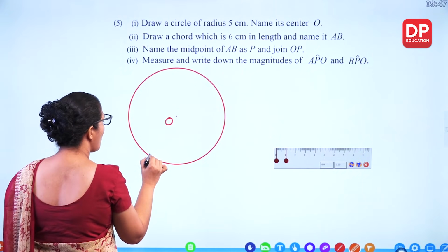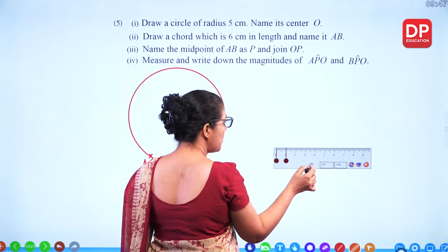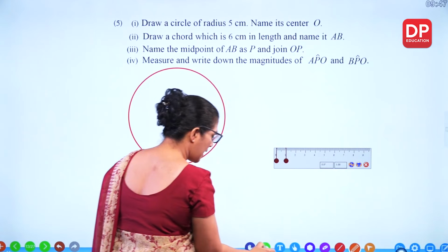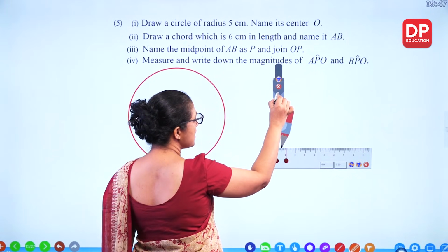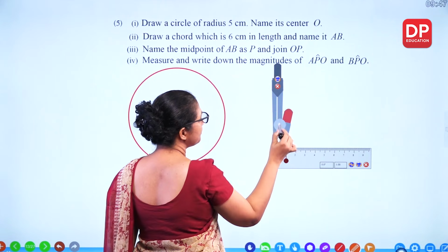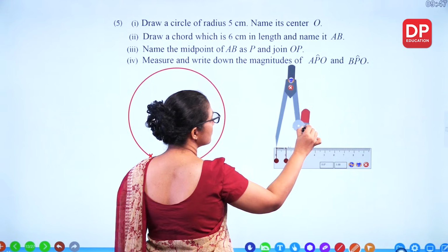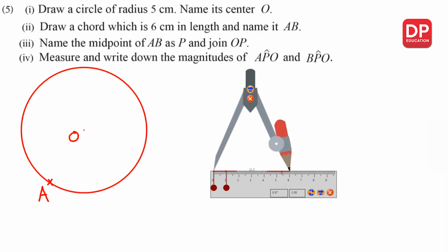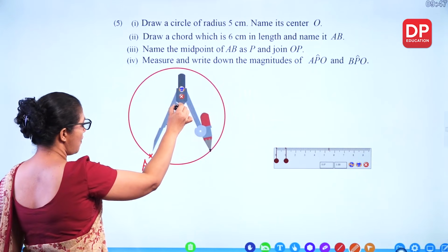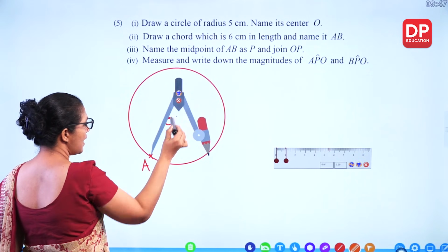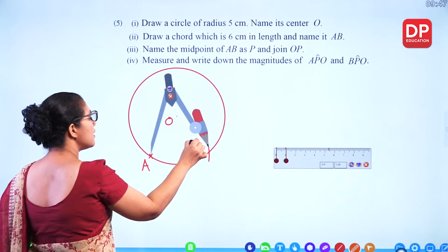So I'll take any point here, A, and we need to measure 6 centimeters. So we can take the compass, take 6 centimeter length, and keep the compass on top of A and mark the other point on the circle.